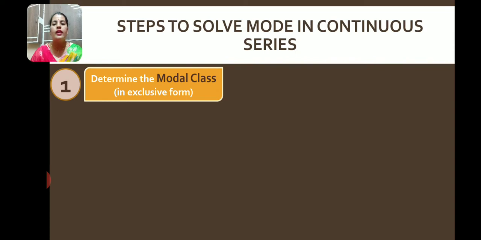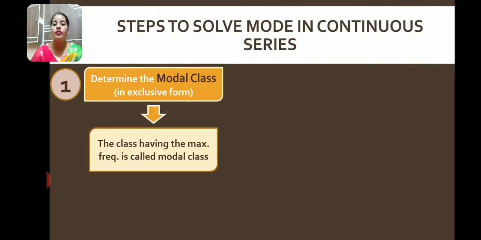That will be the exclusive class. You have to find the modal class, and for that you have to see what the highest frequency is. The class which has the highest or maximum frequency will be the modal class.